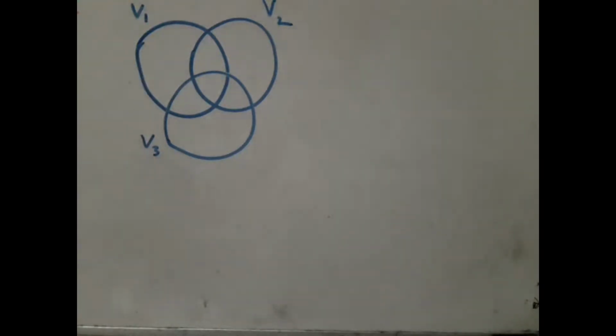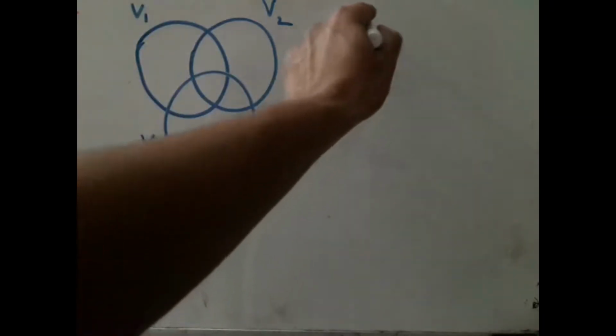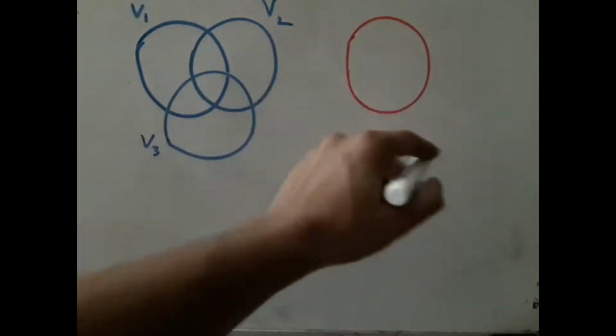In other words, we are interested in getting three other sets whose union will be the same as this union, but they will not have any intersection. Here is one simple way of constructing them. You start with V1 and leave it intact. That is my V1.